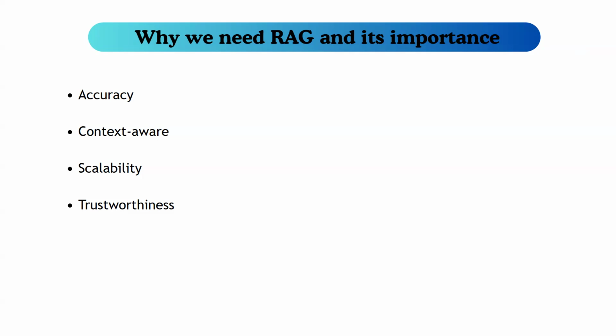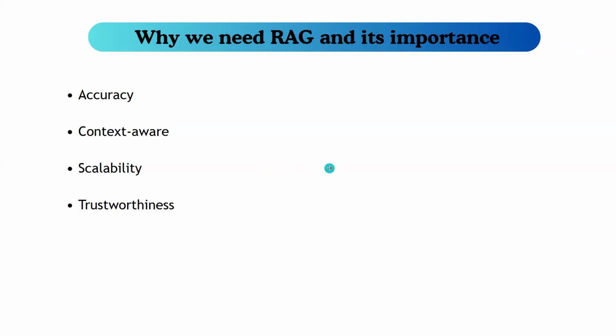The third one is scalability, where it can handle a larger amount of information than a human or a standard AI might struggle with. And the fourth, last point is trustworthiness. Since the response comes from verified sources, you can rely on it very easily.